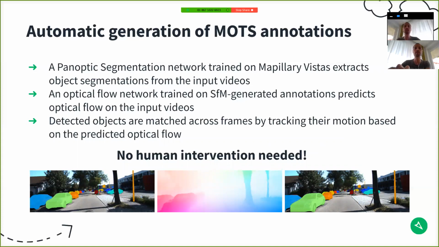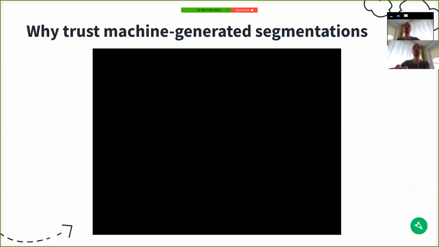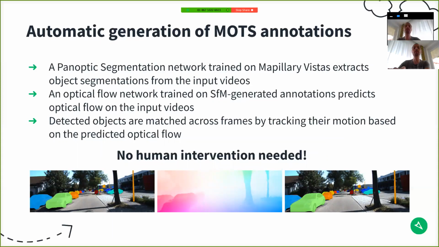I will discuss this in more depth later. And finally, we're introducing a matching scheme that allows us to connect object tracks over time, such that we're actually able to not only derive the segmentation results in an unsupervised way, but also estimate the tracking data in an automated way.